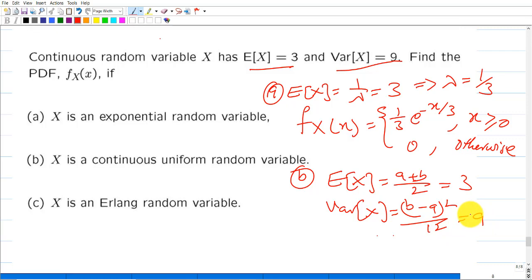So now we have two equations and two unknowns, and we have to find b and a from these relations. I will leave this calculation for you to do.